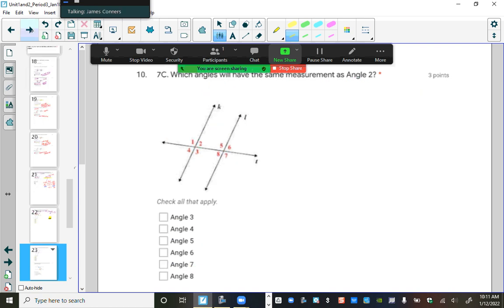So angle 2 is 75 degrees. Again, think about our buddy Charlie Brown here. So besides angle 2, what other angles are going to have that 75-degree measurement? Okay. What else? Yup. And very good. 4, 6, 8.